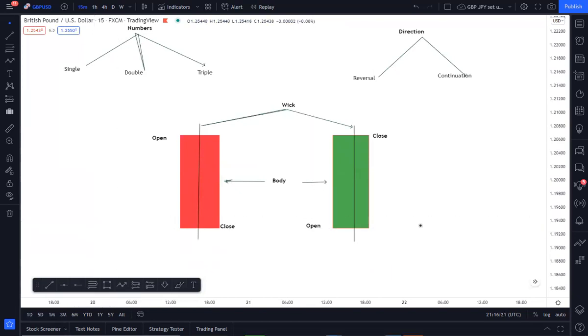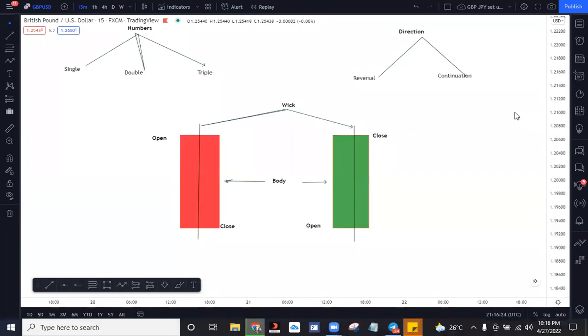We learned yesterday the language and the terminologies of Forex trading, so when I say bearish, you should know it means the price is going down, right? So when you see a red candlestick on your chart, it signifies a bearish movement. And when you see a green candlestick, it signifies a bullish movement.